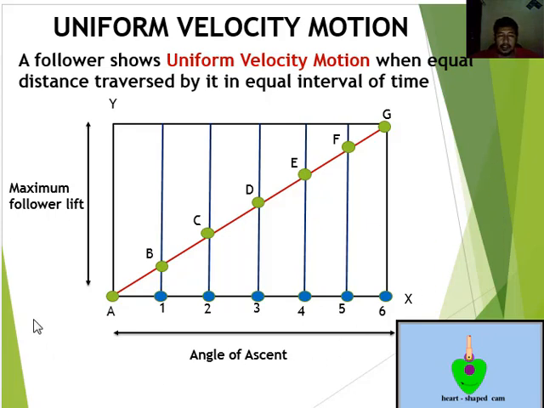You can look at this illustration. The motion between the cam and follower has uniform velocity, or the velocity is constant. The y-axis is the maximum follower lift, and the x-axis is the angle of ascent.